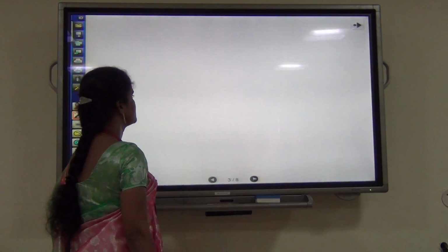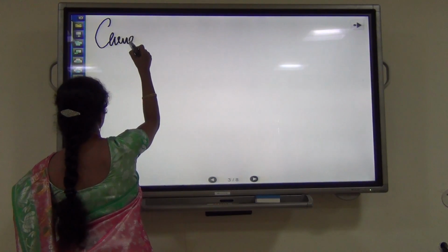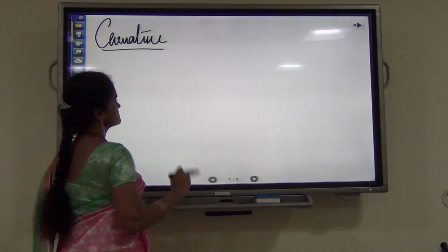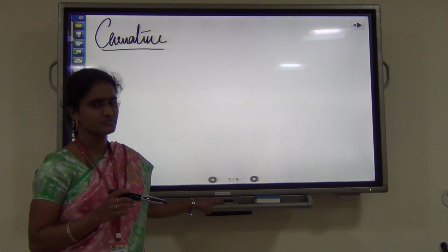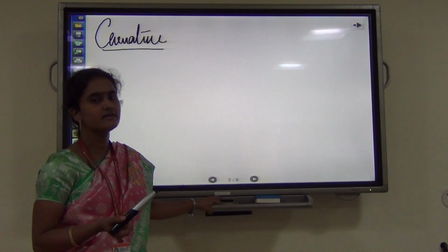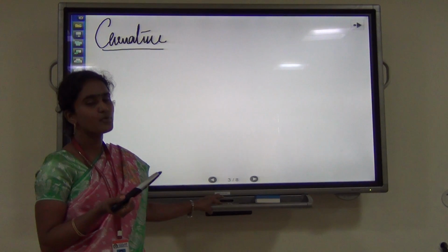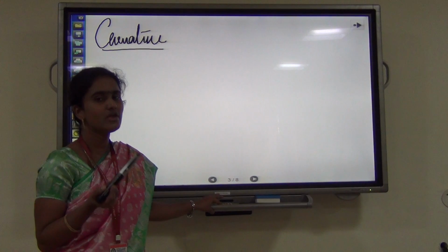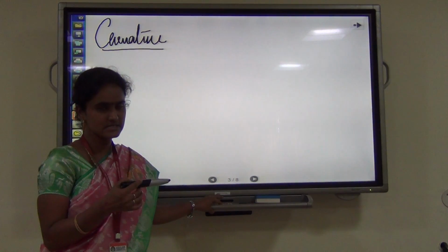So to start with, let me define what curvature is all about. Curvature talks about the curve. We are going to find the shape of the curve, in other words, the degree of the curve, how far it is being bent.